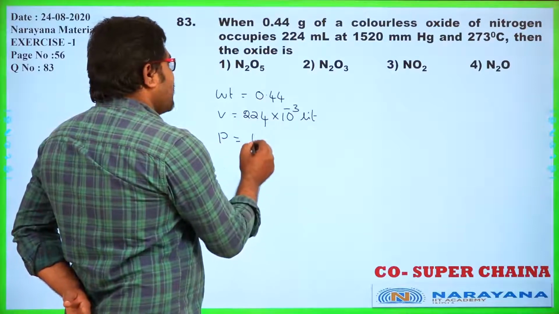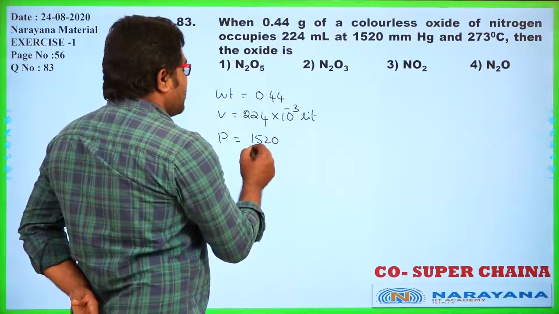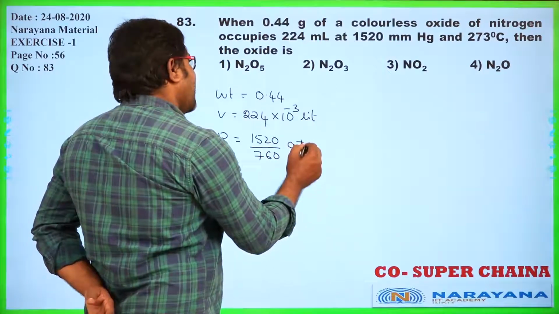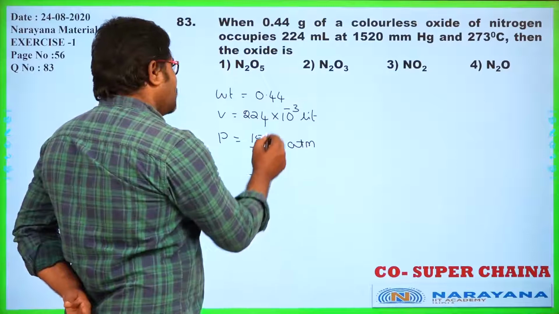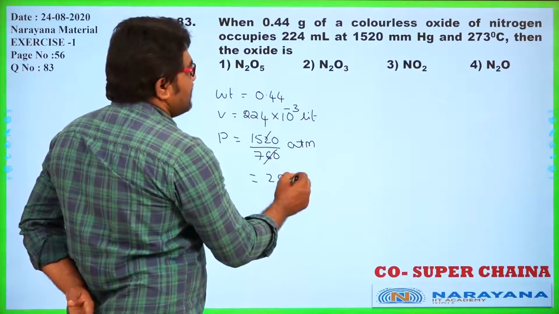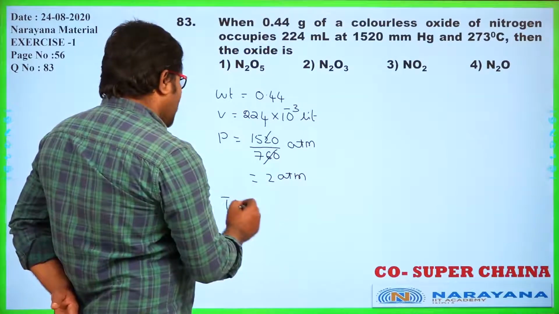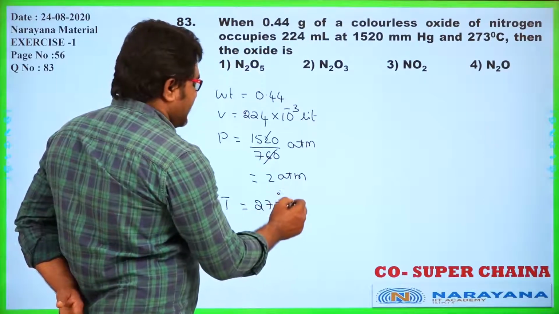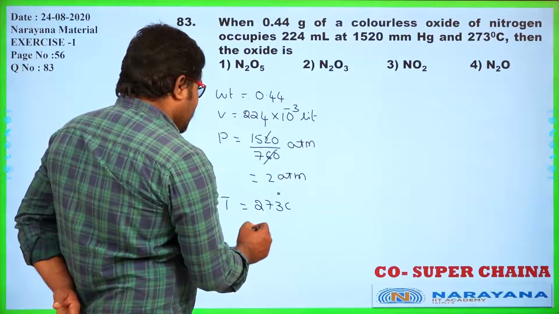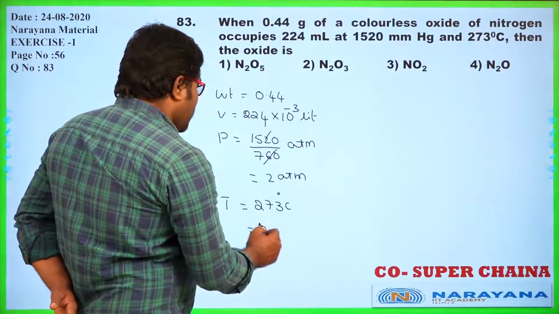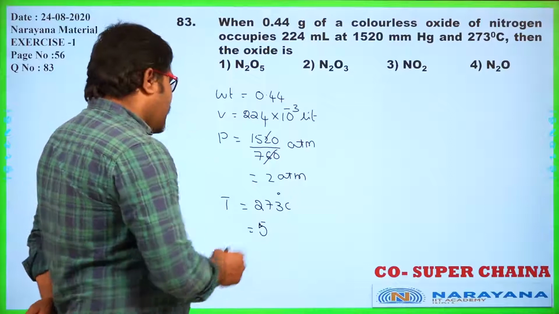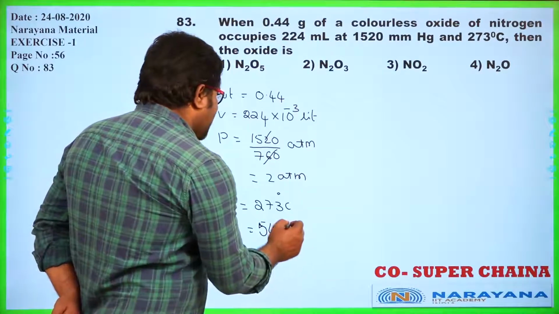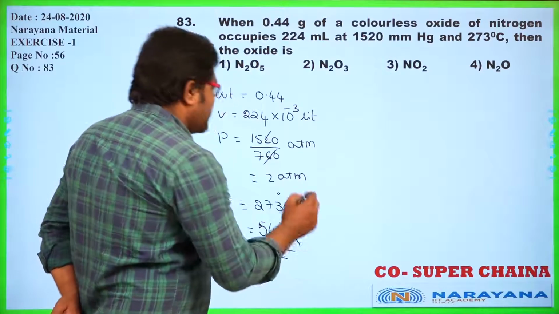Pressure is 1520 mm or 1520 by 760 atm, that is equal to 2 atm pressure. And the temperature is 273 degrees centigrade, that is equal to 546 degrees Kelvin if you change.